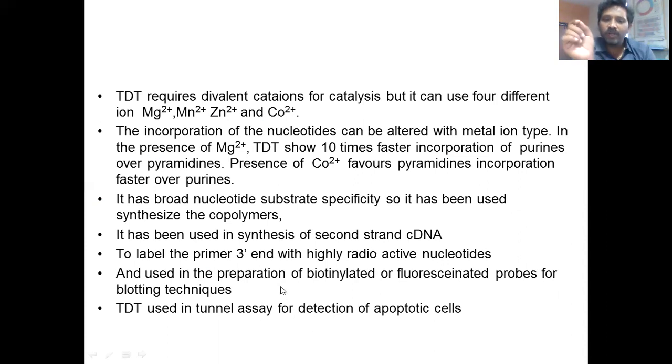And terminal deoxynucleotidyl transferase is a very, very important molecule in the identification of apoptotic cells, where the TUNEL assay is conducted. In a cell undergoing apoptosis, if incubated with a fluorescent probe in the presence of terminal deoxynucleotidyl transferase, the labeled probes are incorporated into the DNA which is degrading, indicating that the cell has initiated apoptosis.